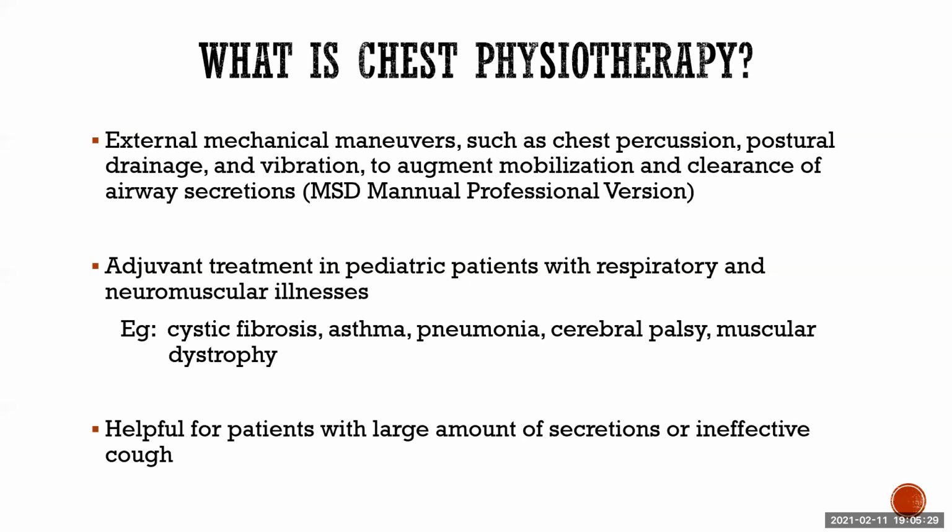It is a supportive adjuvant treatment for pediatric patients, especially because sometimes they are not able yet to cough like adults, with respiratory and neuromuscular illness, for example cystic fibrosis, asthma, pneumonia, cerebral palsy, and any neuromuscular problems. It's helpful for patients with a large amount of secretions or ineffective cough.